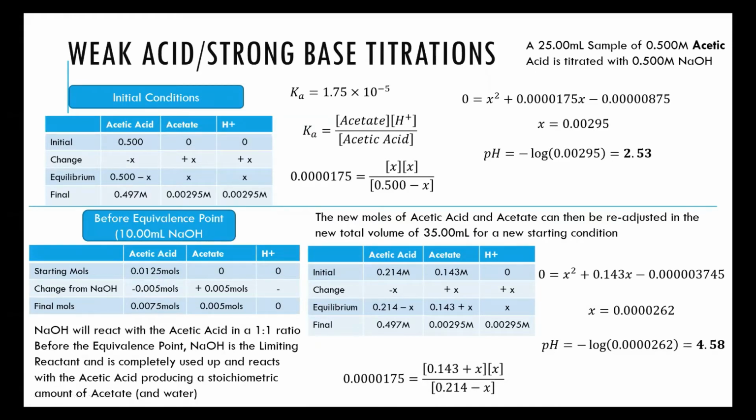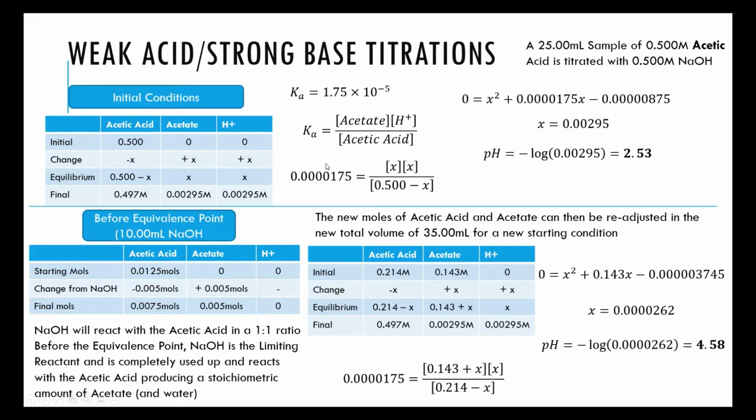The other type of titration would be between a weak acid and a strong base, where the strong acid, strong base combination only has the equilibrium of water to look at. A weak acid has its own equilibrium. The acid itself does not ionize 100%.